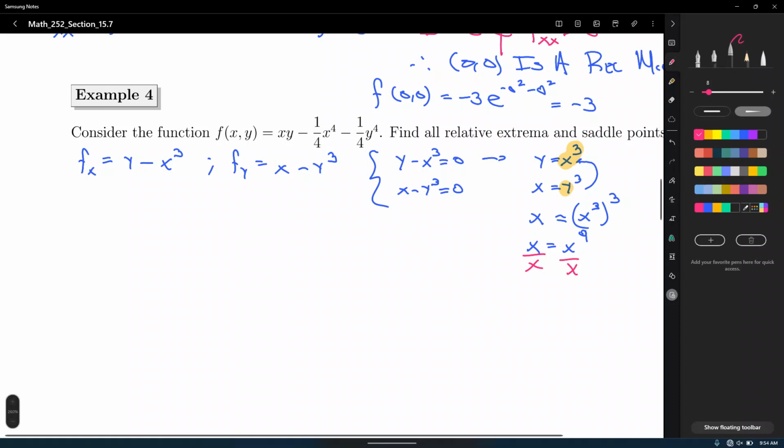This is an illegal move because dividing by x itself, we could potentially be dividing by 0, which may or may not be a solution to the equation. If it turns out to be a solution, then it's already an illegal move because we are dividing by 0. Unless the problem gives us a condition that x is not equal to 0, then we're good to go. We can't divide by 0, not in this case.